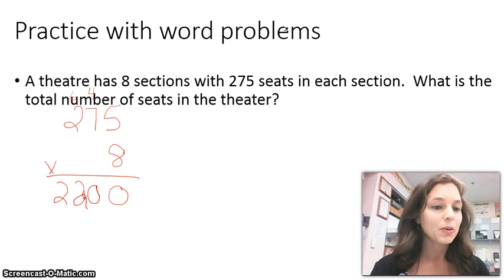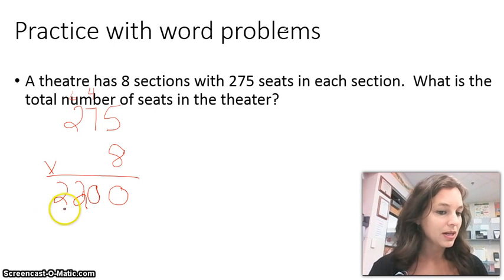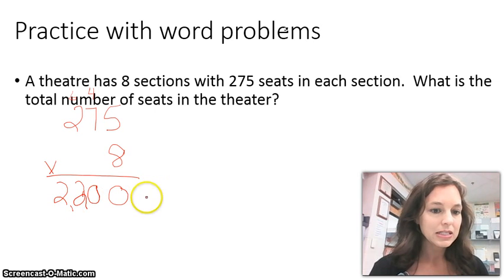Kind of sloppy. I hope you can read that. And so my answer is 2,200 seats in the theater.